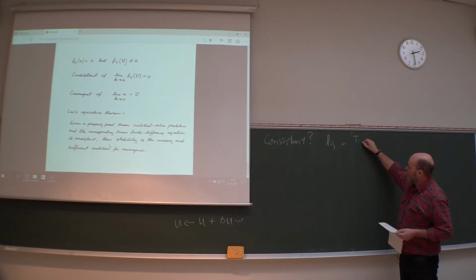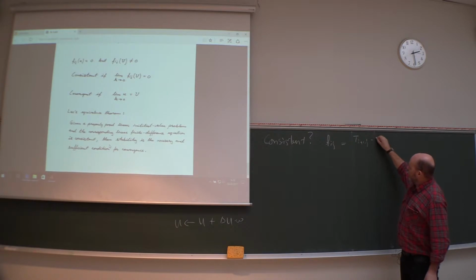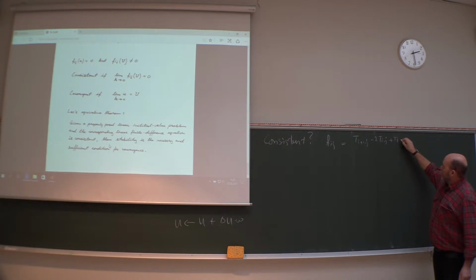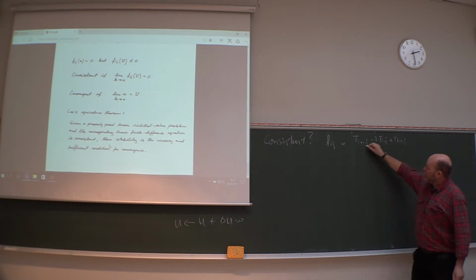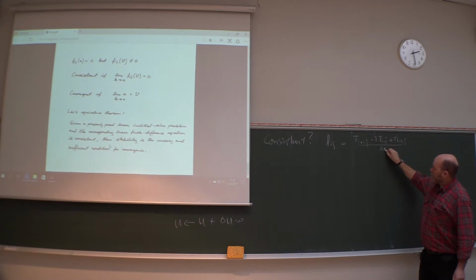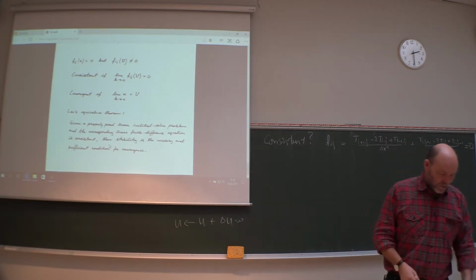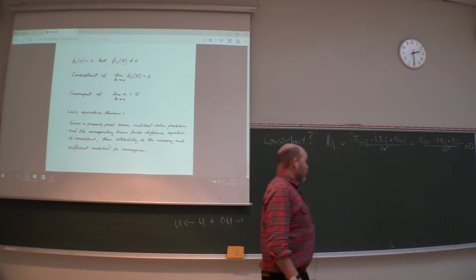So here I have T_i+1,j minus 2 times T_ij plus T_i-1,j divided by delta x squared, the double derivative in x, and then you get the same in the y direction, j plus 1, and here j minus 1, divided by delta y squared, this equal to 0. That was our discrete version for the Laplace equation.